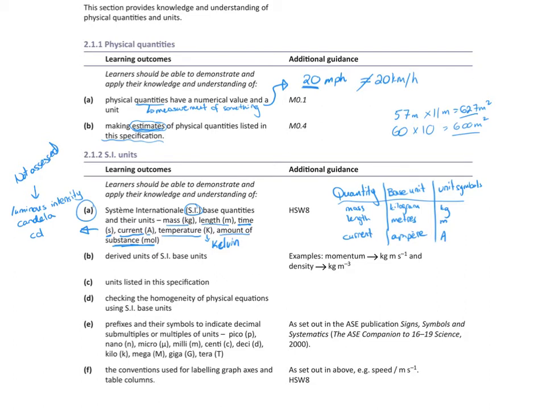Why, though, do we have to use these symbols? Why these units? Why can't we use centimeters or feet or stones for mass, or degrees Celsius for temperature, or hours for time?